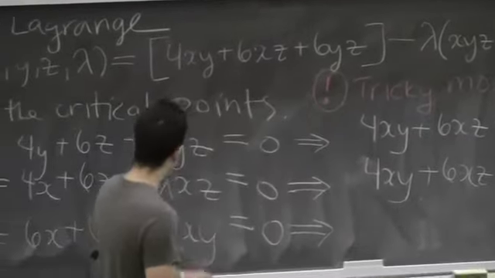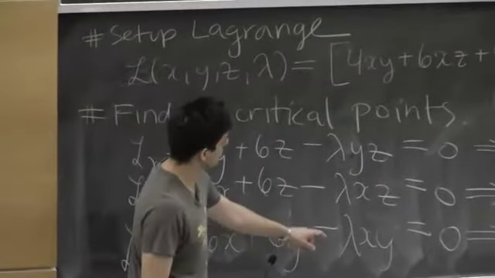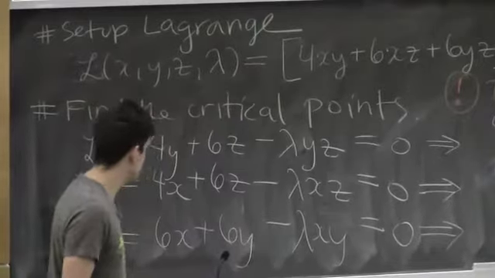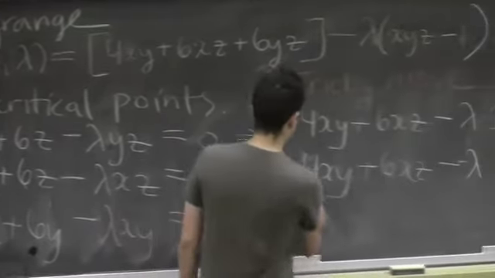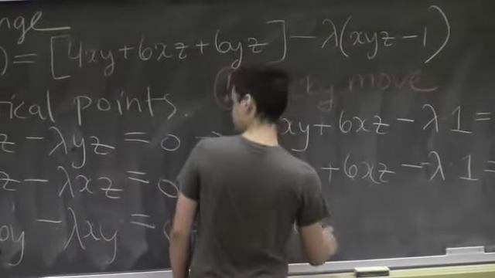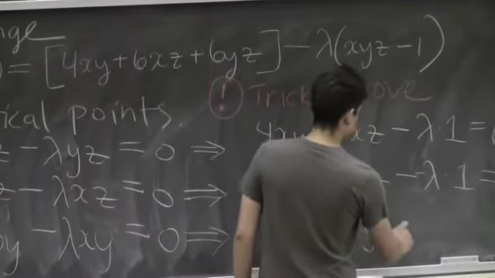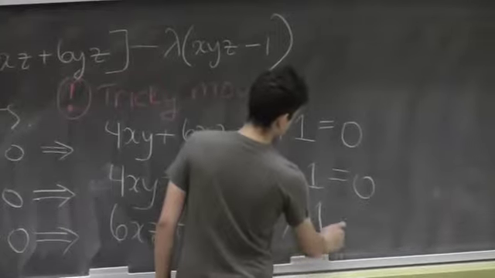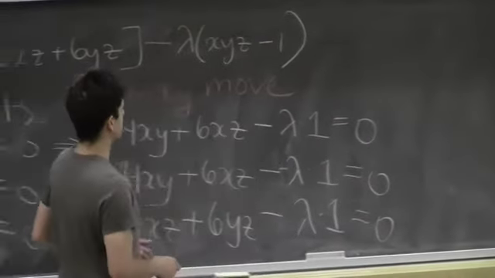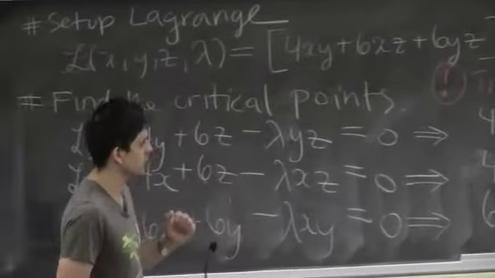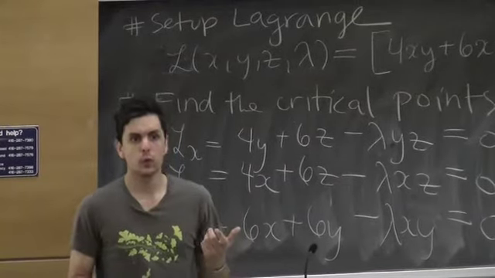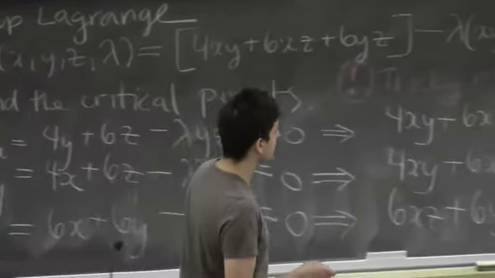And here we complete this by multiplying in a z. Okay, and now we've got all these things that equal lambda.